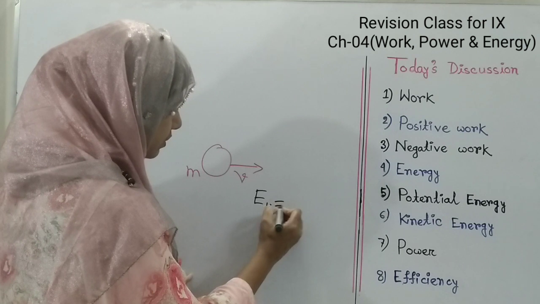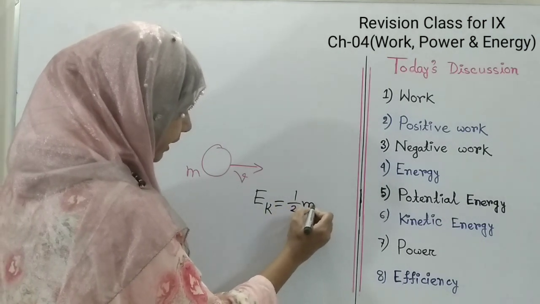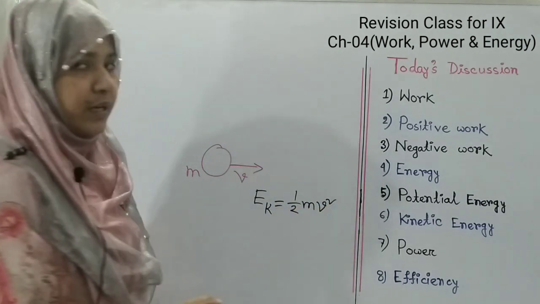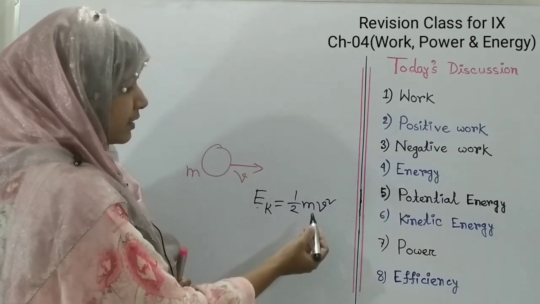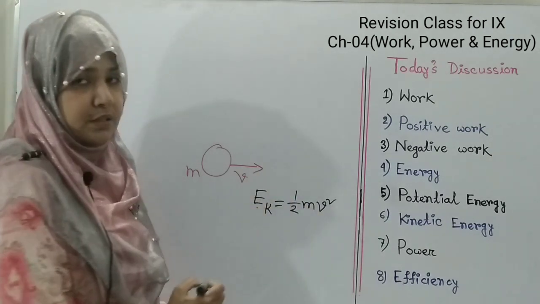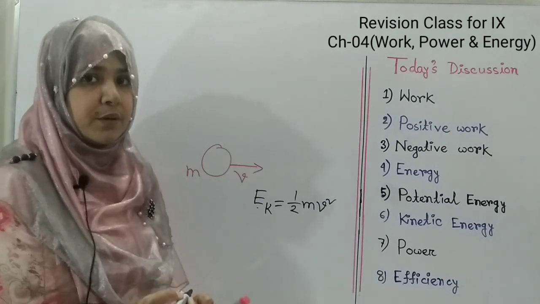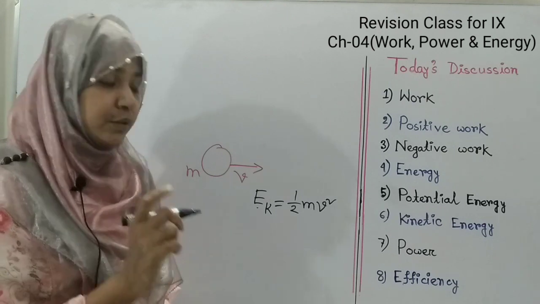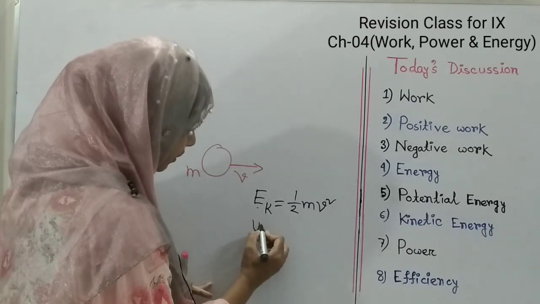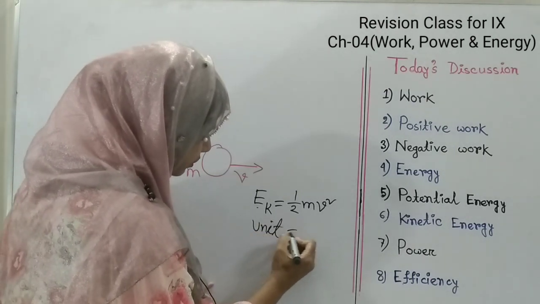Ek equals half m v squared. Here you can see that kinetic energy depends on mass and velocity. The greater the velocity of an object, the greater its kinetic energy. And the unit of kinetic energy is also joule.